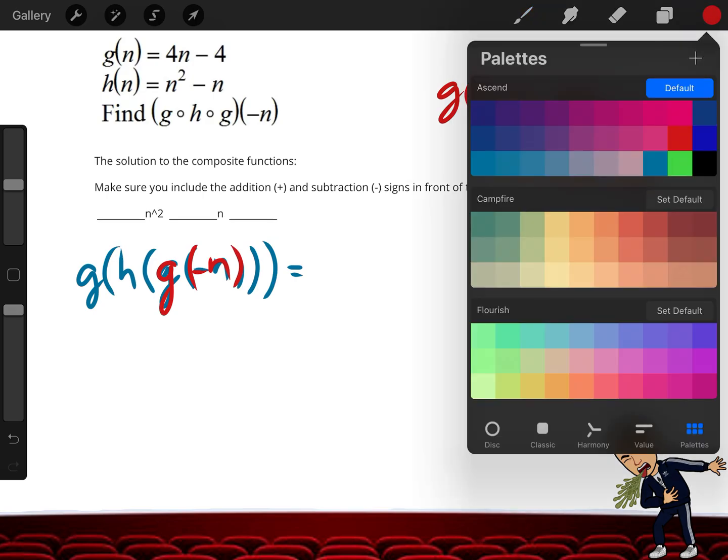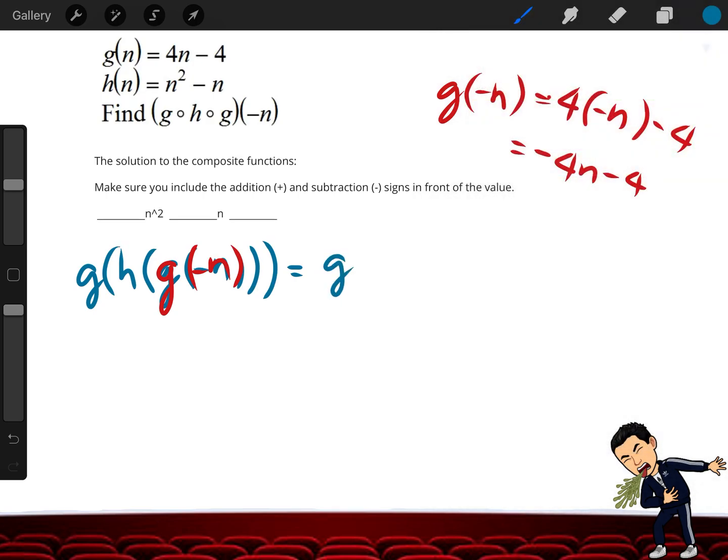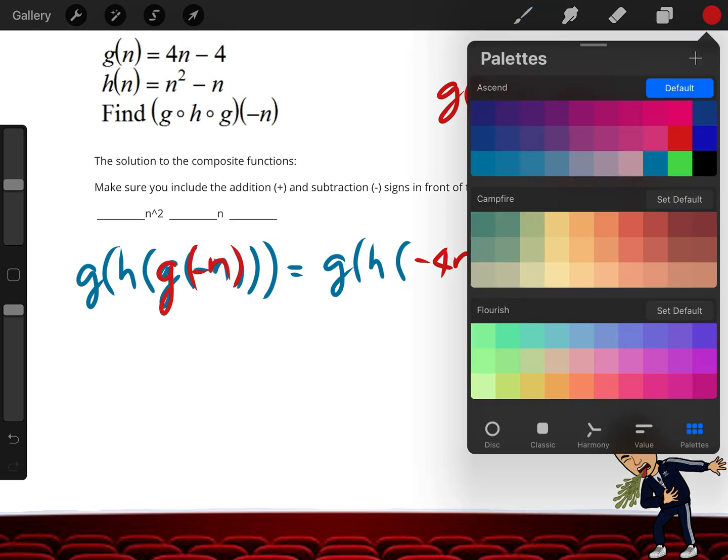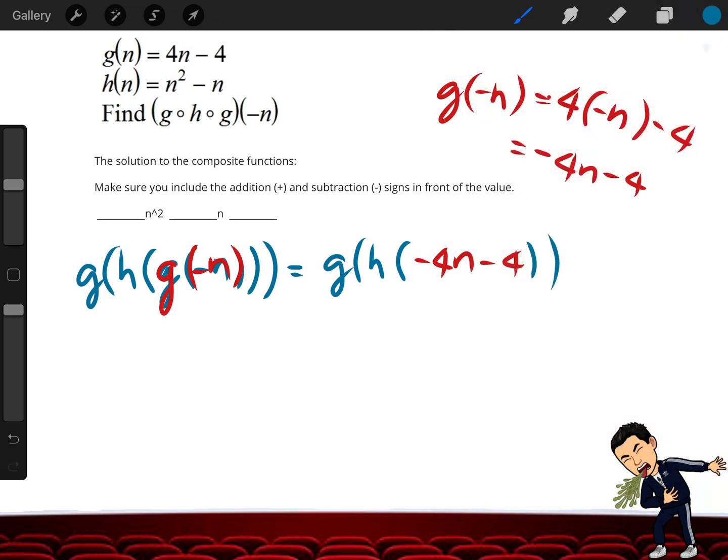So I can basically rewrite this as g of h of, put that -4n minus 4 in there. Okay. All right, so now the next one you have to work with is the h of n. So you're going to have to plug this into the n.